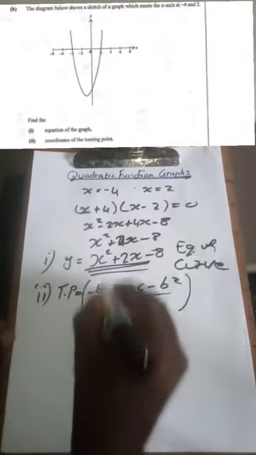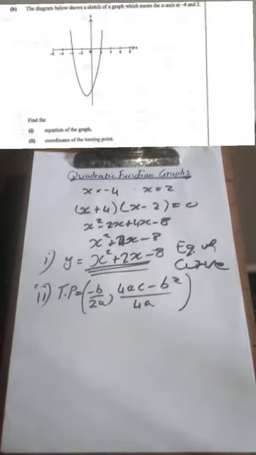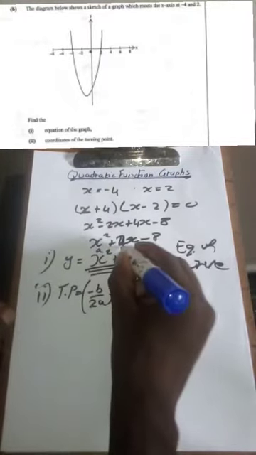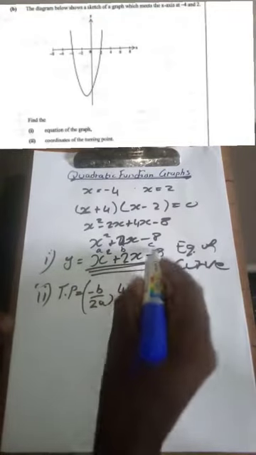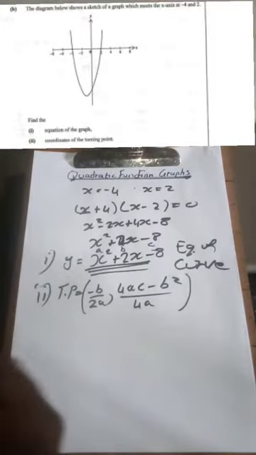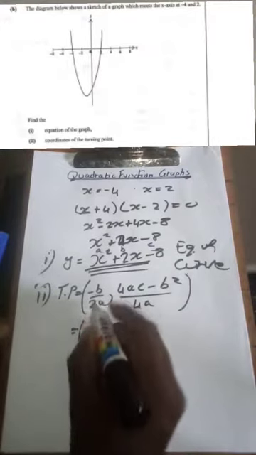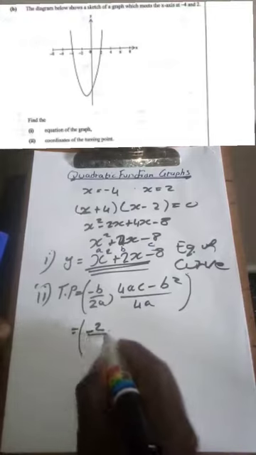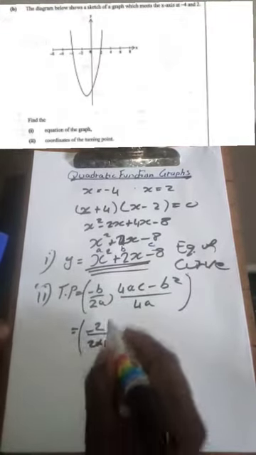Remember, this is a, this is b and this is c, meaning a is 1, b is 2, c is -8. So we start replacing in the formula that we have there. 2 is positive, so it's going to be 2 right there, divided by 2 times 1, remember a is 1, comma.